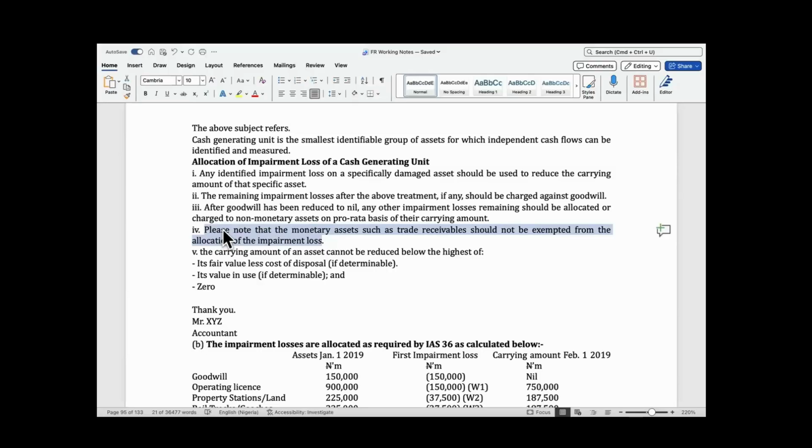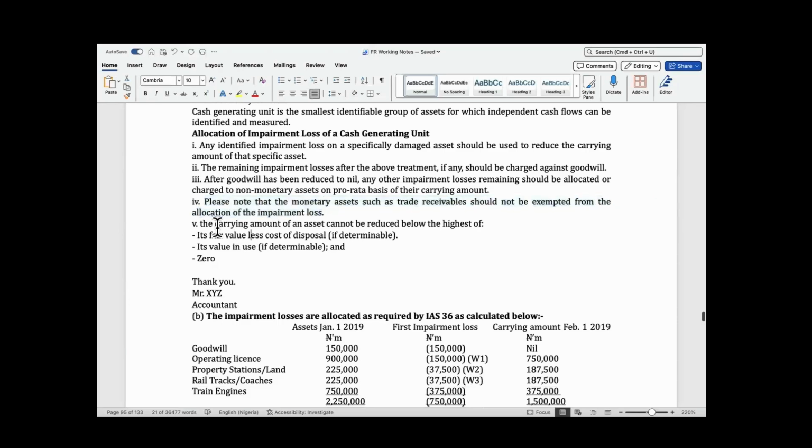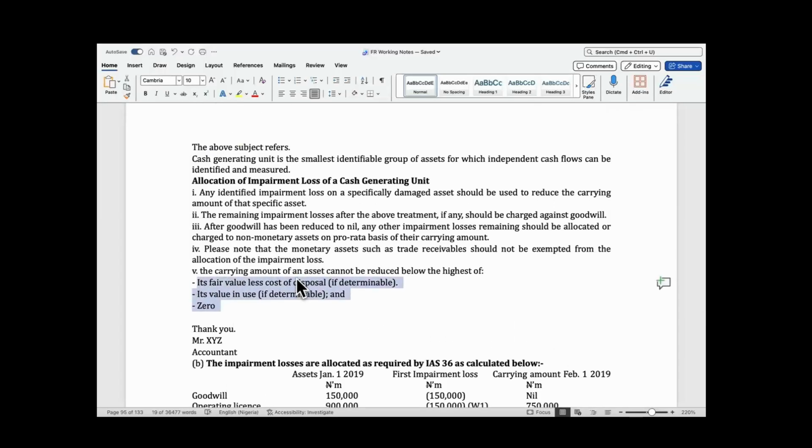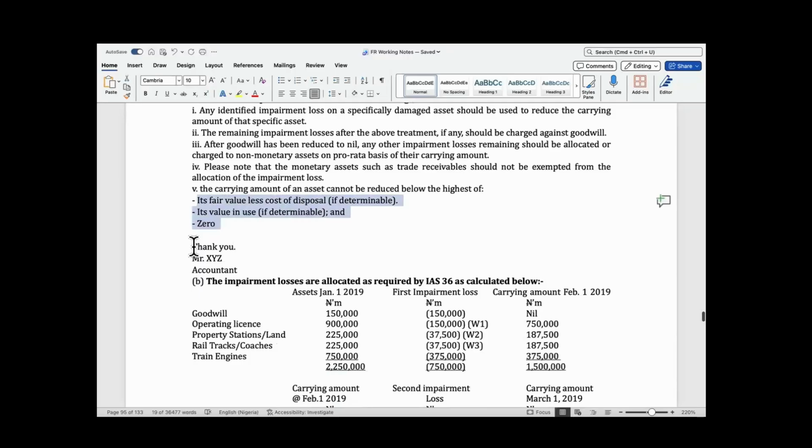Then I mentioned that the carrying amount of any asset in the CGU should not be reduced below the highest of this. The point is, don't reduce it below the recoverable amount or zero. That's the point here. So that's solution A. Then I signed off.